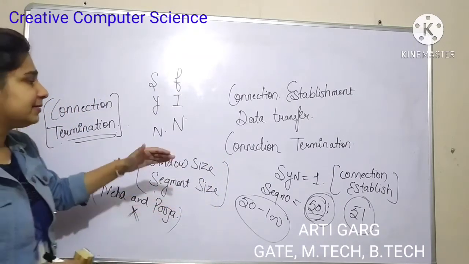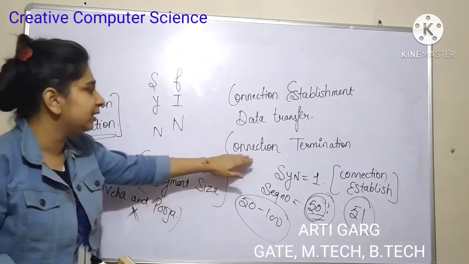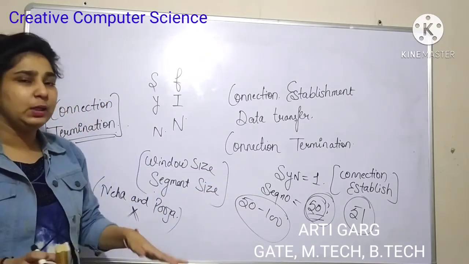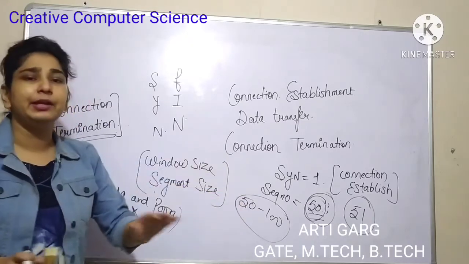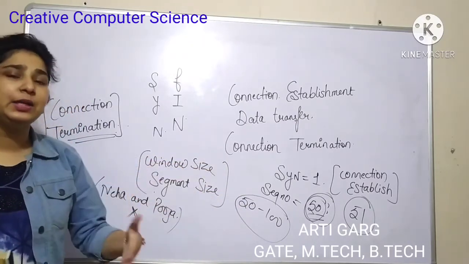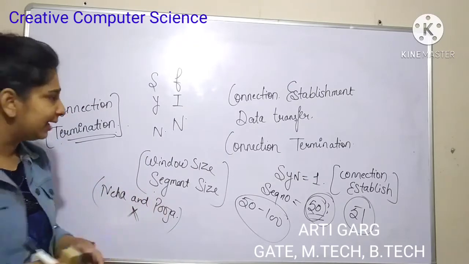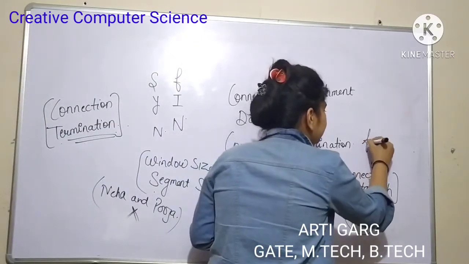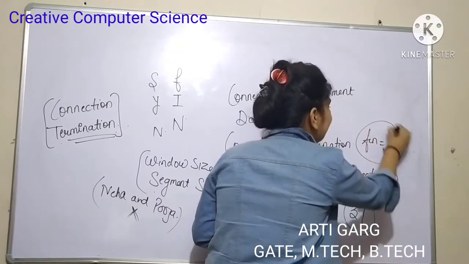So when the sender wants to terminate the connection with the receiver, it would say, now I don't want to send you any more data. When it says that, it is going to send FIN bit equal to 1.